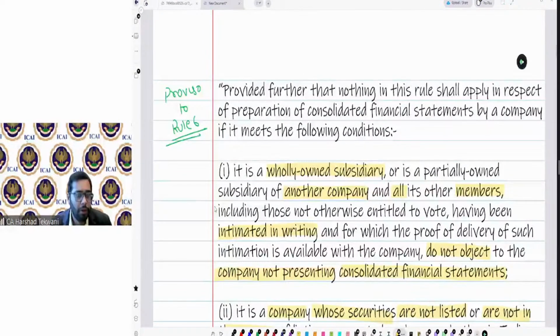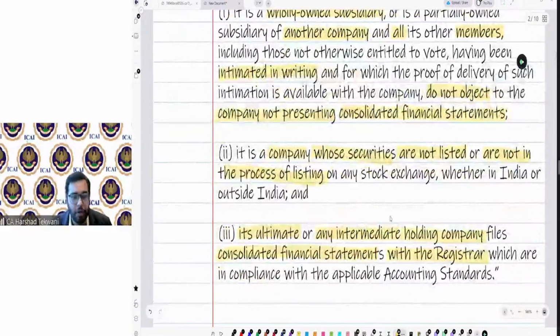So the provision says, provided further that nothing contained in this rule, that is Rule 6, applies in respect of preparation of CFS by a company if it meets the following conditions. When the following conditions are met, then only it is not applicable.